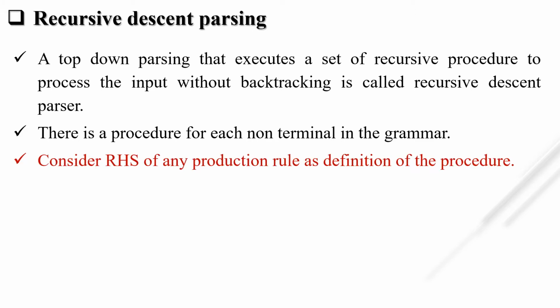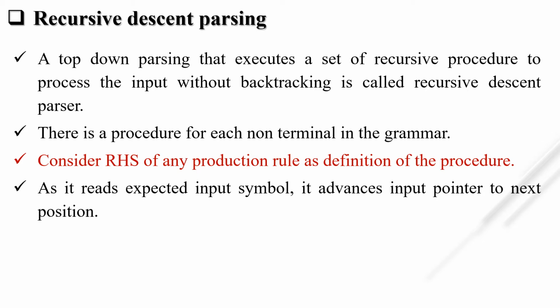We also have to consider the right hand side of any production rule as the definition of the procedure. As it reads the expected input symbol, it advances the input pointer to the next position. So if our input string is matched to the recursive procedure, then we have to advance the pointer to the next symbol.